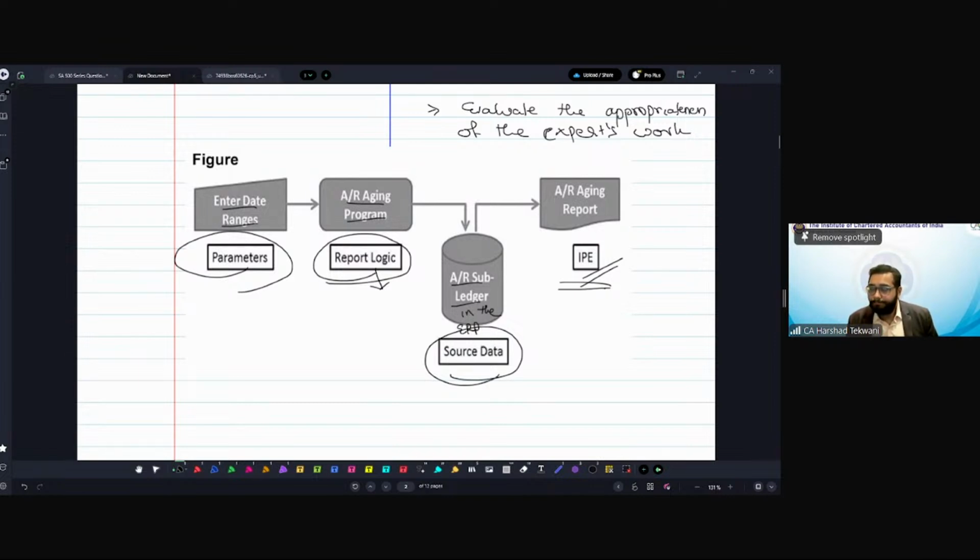To some extent. For how many samples? Let's say there are numerous invoices. Won't it be a problem to perform the recalculation for the majority of the samples? Yes, according to risk level and materiality level, I will decide upon the testing sample size.